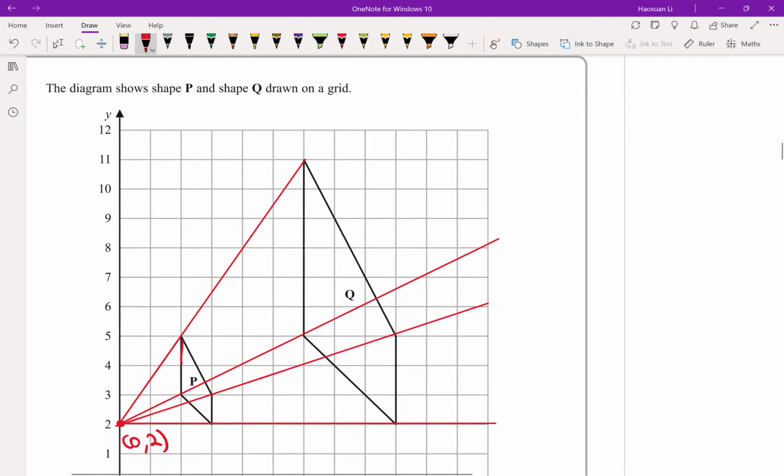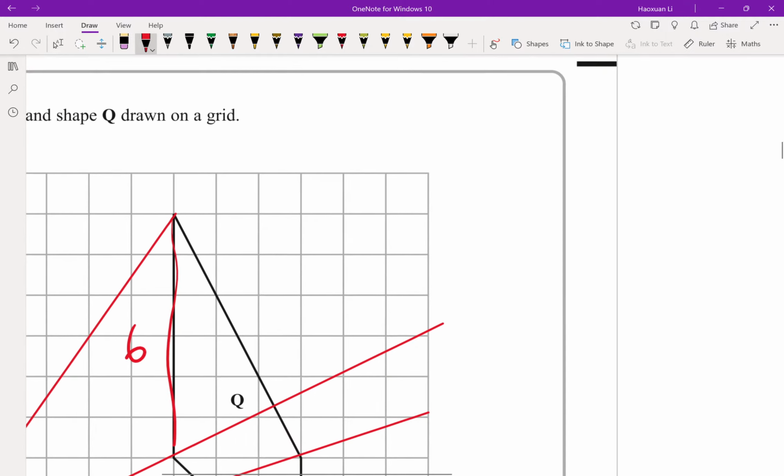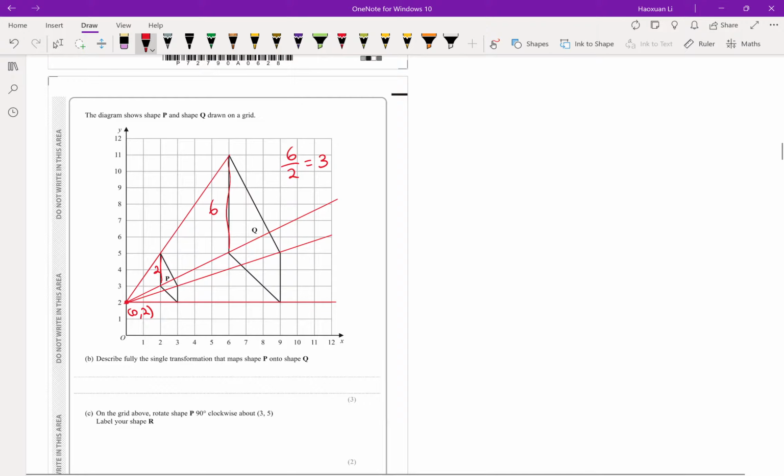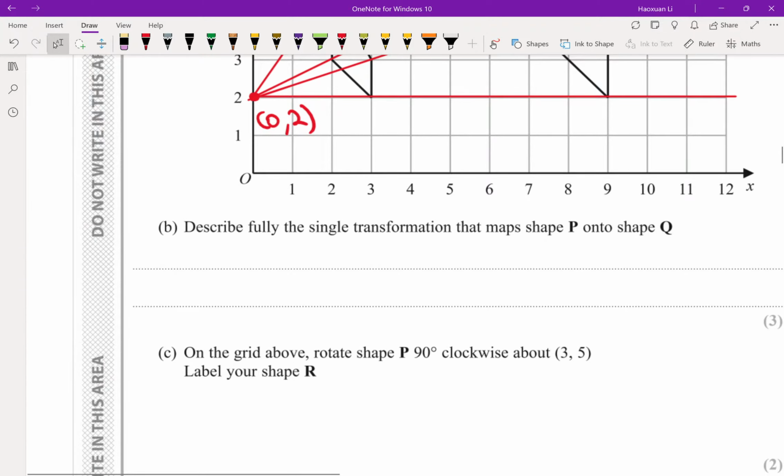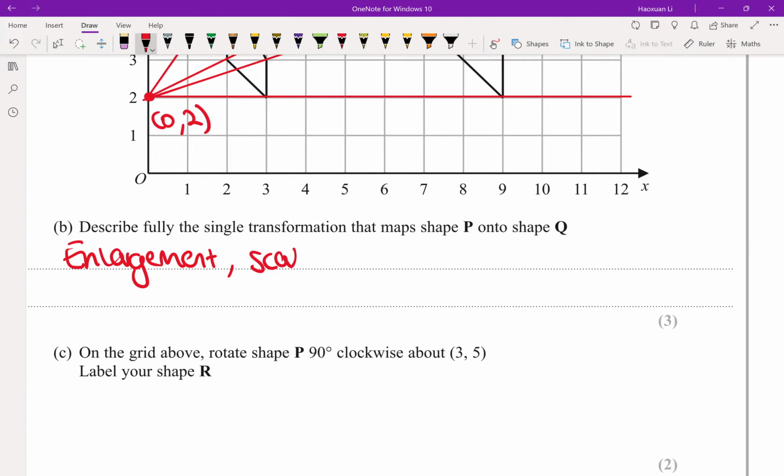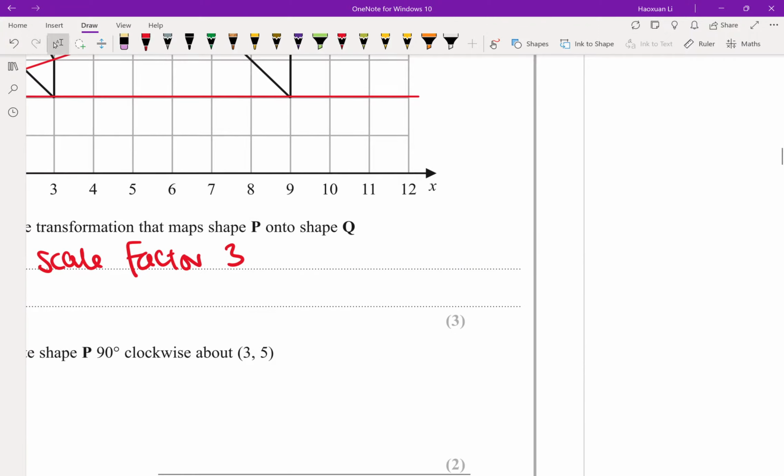Enlargement, so you see the length here is 2, this length is 6. So 6 over 2 will be 3. So therefore, all you've got to say is enlargement, scale factor 3, center 0, 2.